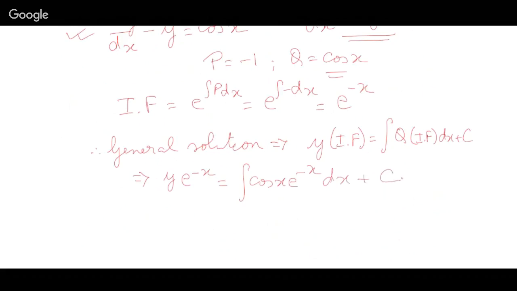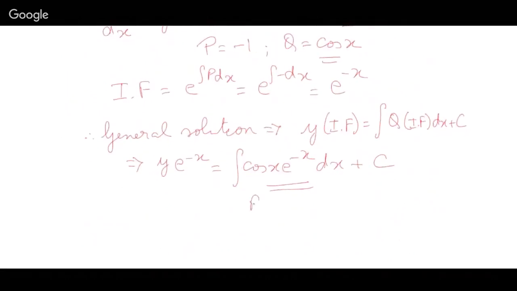Now we just have to integrate this particular function, and we will do it by using the concept of by parts. Since both the functions are different, this is a trigonometric function and this is an exponential function. Therefore, we will use by parts and also the concept of ILATE in order to solve this integral.